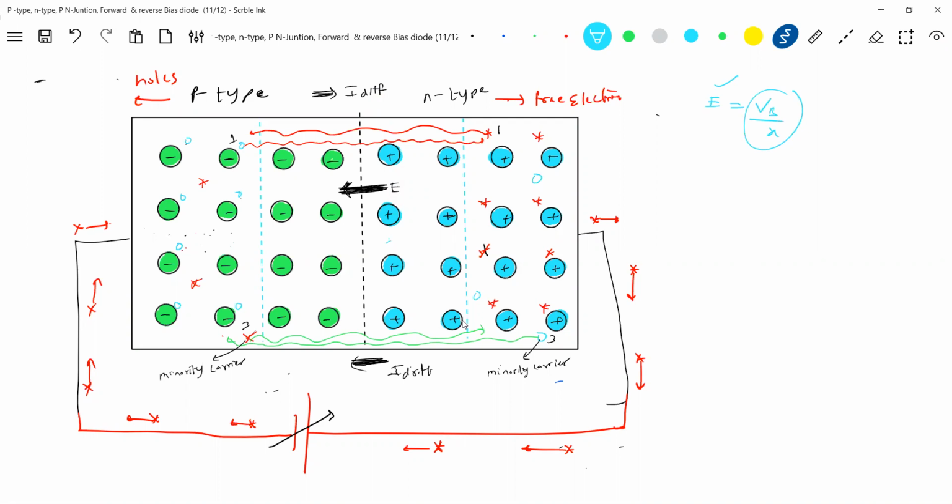Okay, let's come to the drift current. What will happen to this? As the width of depletion layer increases, more covalent bonds will break up. I'm not saying temperature. If the width is, say, 10 micrometer, in 10 micrometer 1000 covalent bonds will break up here. Then in 20 micrometer, more covalent bonds will exist and more breakup will occur.